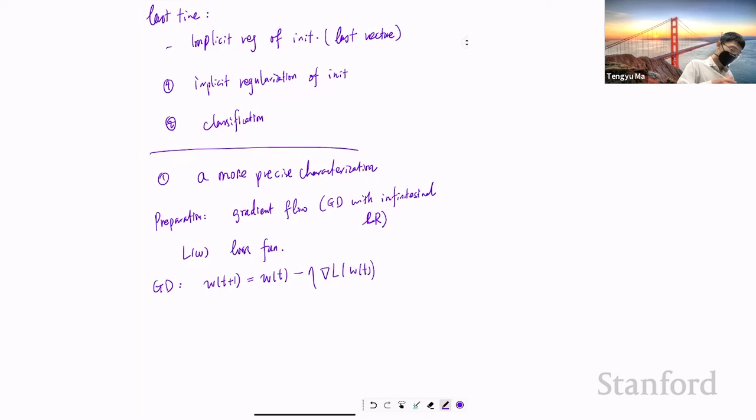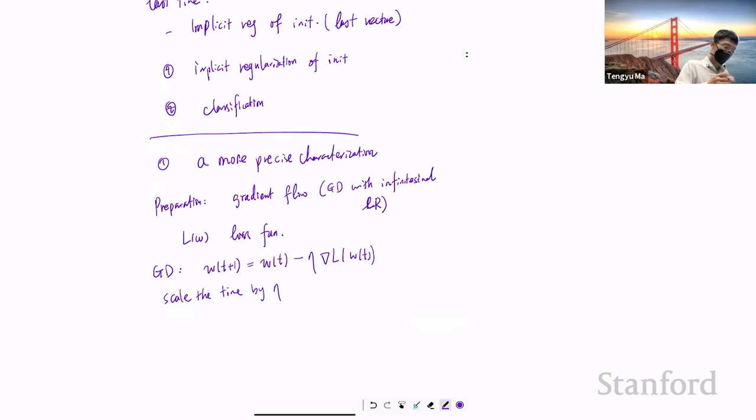And if you scale the time by eta, what I mean is that currently, when you do gradient descent, every time you increase the step counter by 1. So before the time is t, and now the time is t plus 1. Now suppose you change the time scale. You say every update I only advance the time counter by eta instead of by 1.